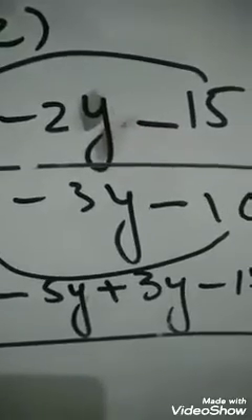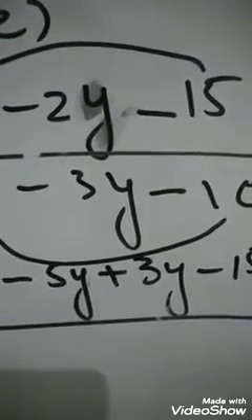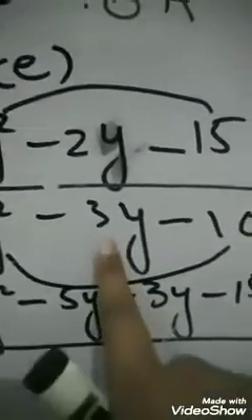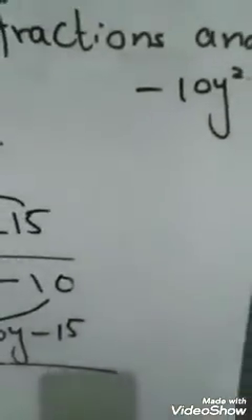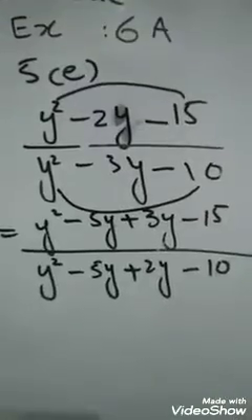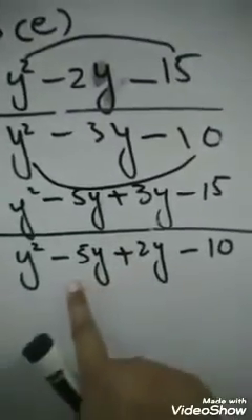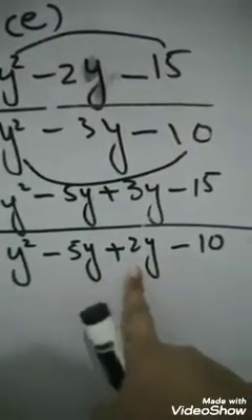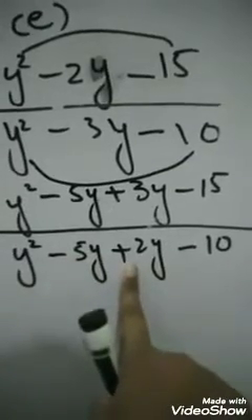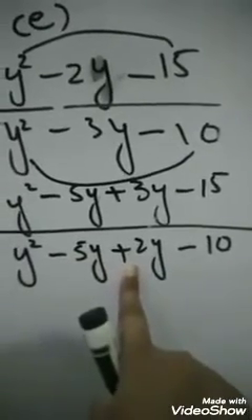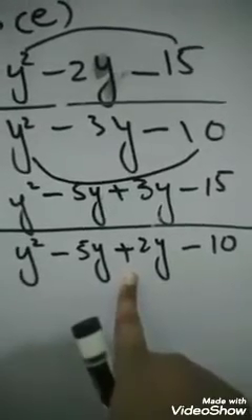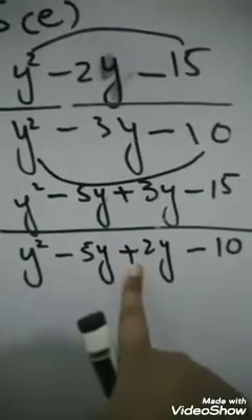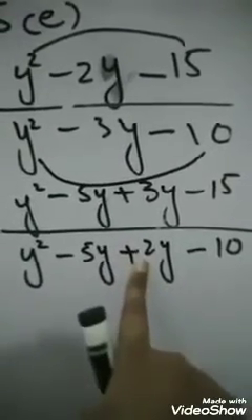We require a pair that would be equal to minus 3y after addition or subtraction, and after multiplication it would be equal to minus 10y square. So my dear students, it would be minus 5y plus 2y. Minus 5 plus 2 is equal to minus 3, and minus times plus is minus. And when we multiply this one, minus, plus, minus, y square, 5 twos are 10.